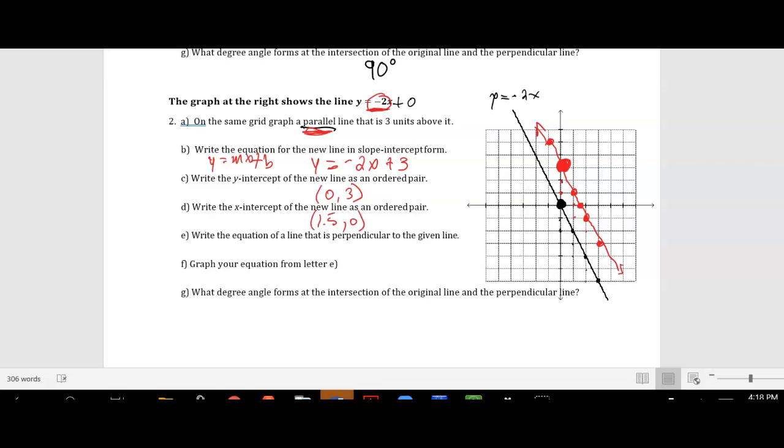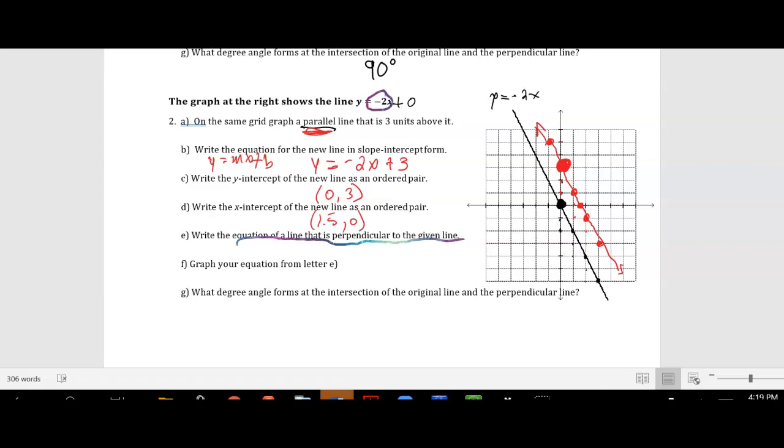Letter E, do this again in the bluish color. Write an equation of a line that is perpendicular to the given line. So if we revisit the original line here, the original line's slope was a negative 2.